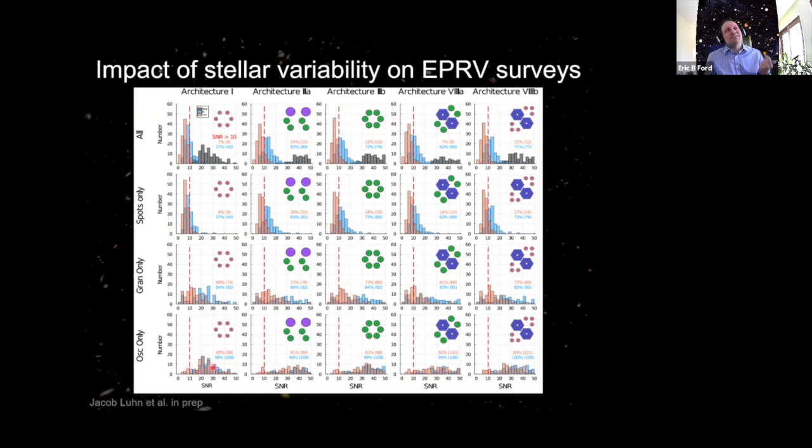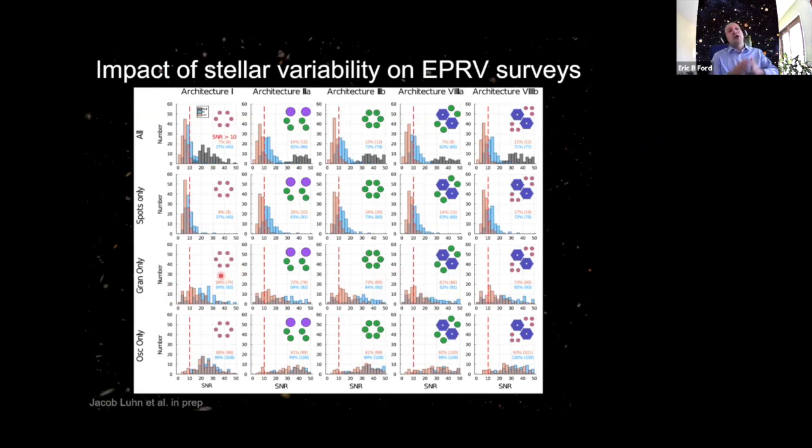Granulation is annoying because its time scale is too long for you to want to keep integrating, right? You don't want to integrate for 6 hours, but it's too short for you to ignore, so it's just an annoying time scale. And so one of the reasons that small apertures, like here we had a set of 6 2.5 meter telescopes, which you might think, how could they be competitive with designs that have 6 meter telescopes? Well, one of the reasons they're not much worse is because of this granulation issue.